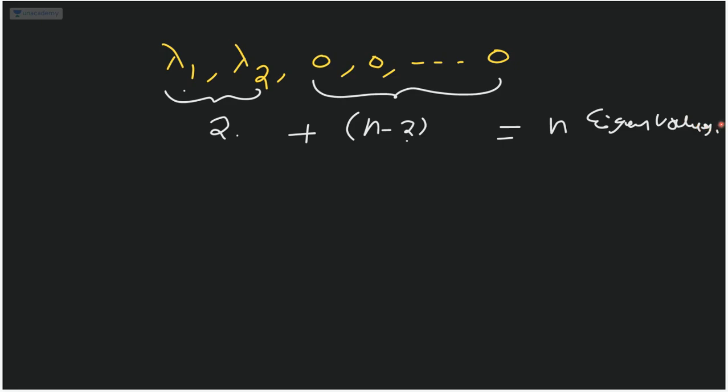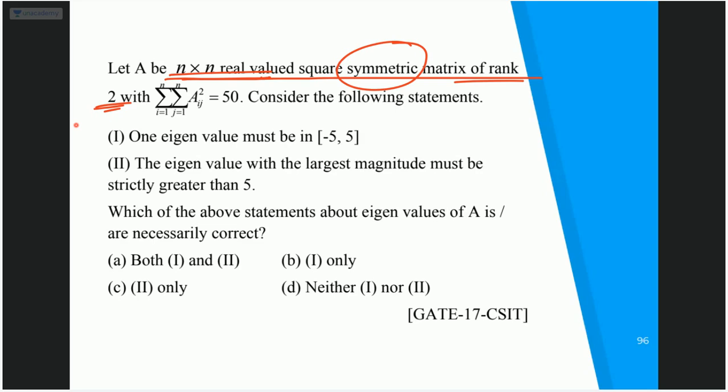Come to the point. He has given one condition. What is the condition? Sum of i equal to 1 to n, sum of j equal to 1 to n, aij square. That represents the sum of squares of eigenvalues.